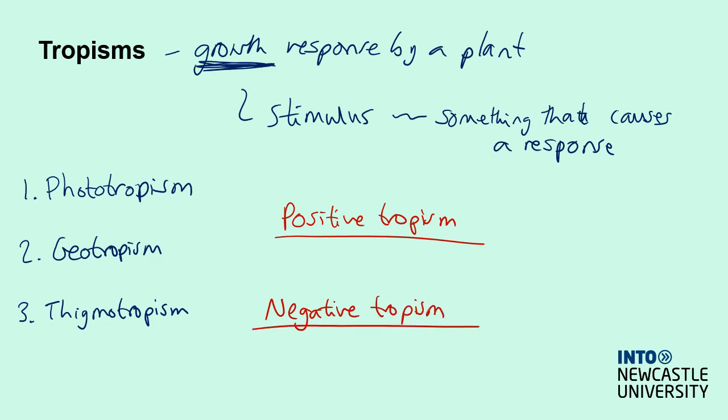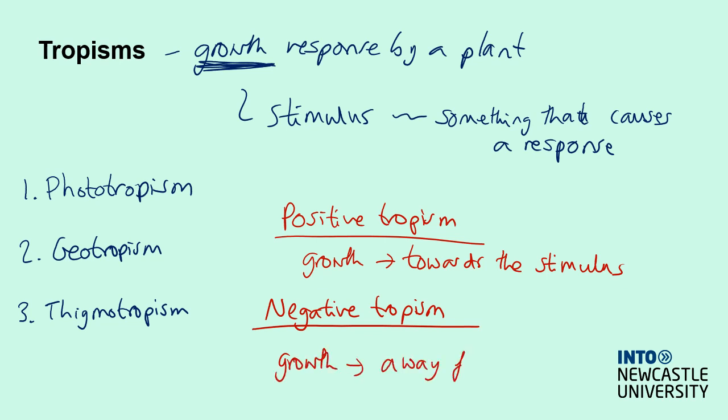So positive means the growth is towards the stimulus, and negative means that growth is away from the stimulus. So, growth response by a plant to different stimuli.